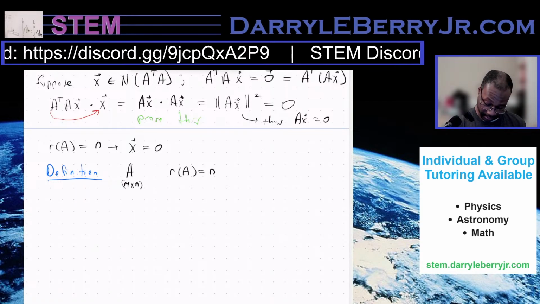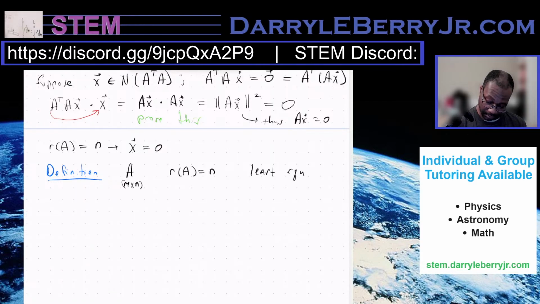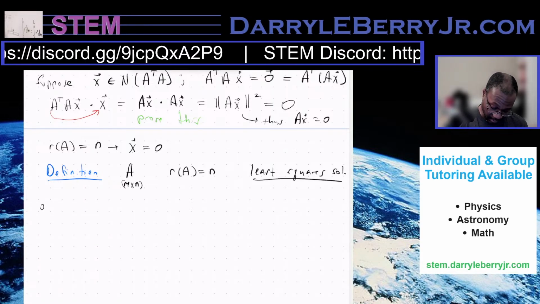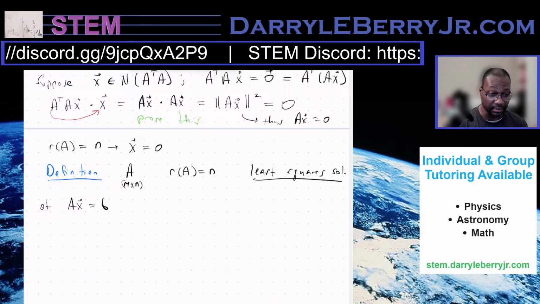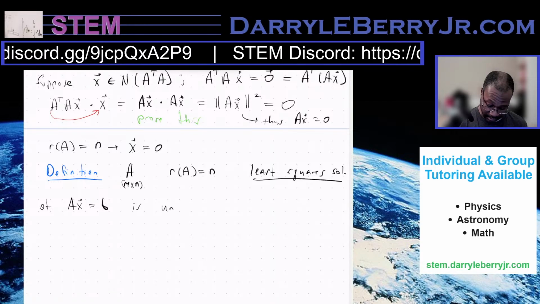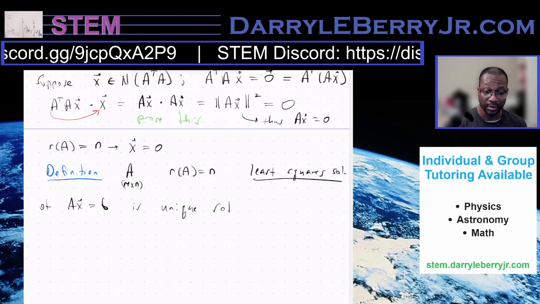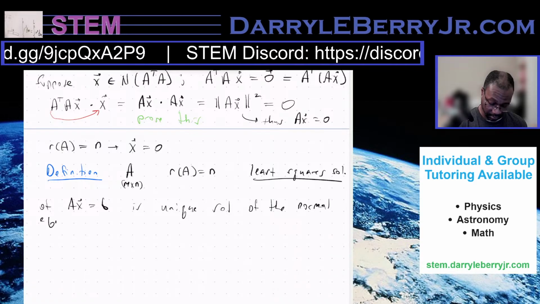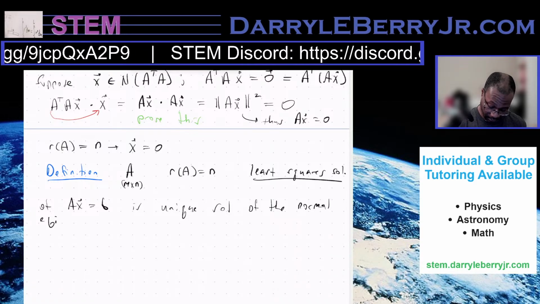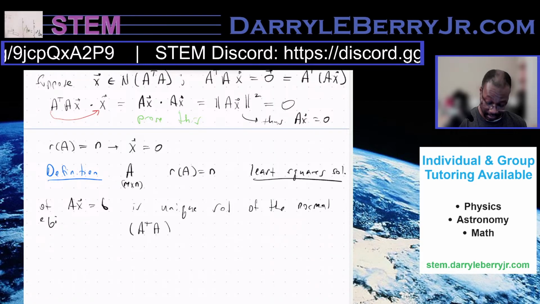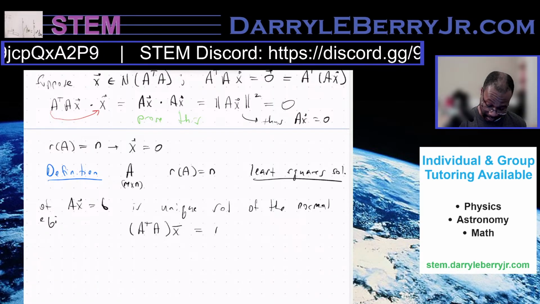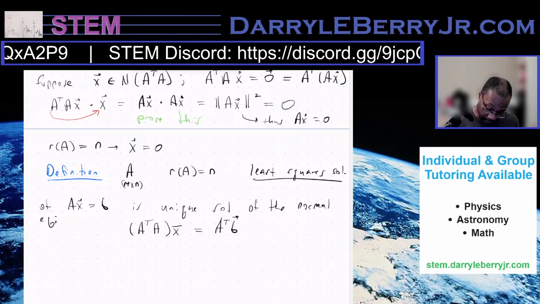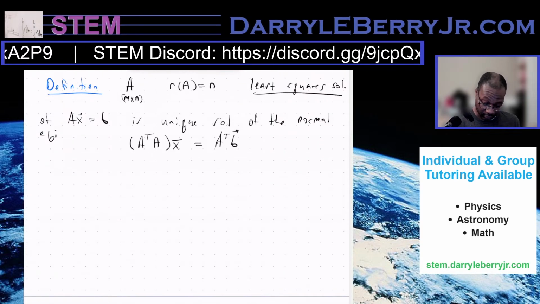The least squares solution of the equation AX equals B is the unique solution of the normal equations A^T A X equals A^T B. Right, so we mark that down in the definition.